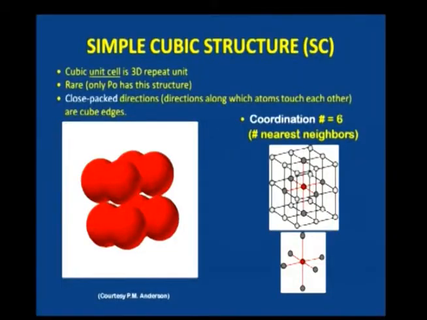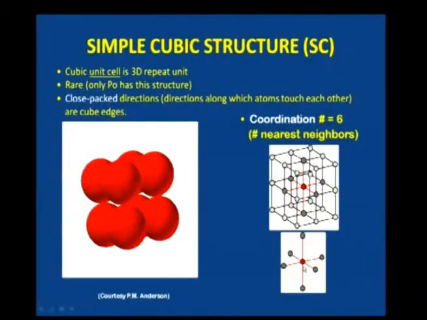This is the fundamental building block. And as I told you, only alpha polonium rarely has this structure, and when we are trying to calculate the atomic packing factor, we make use of what is called a hard sphere model.